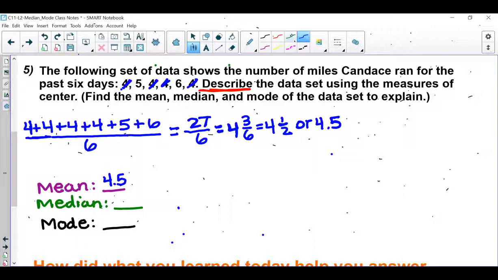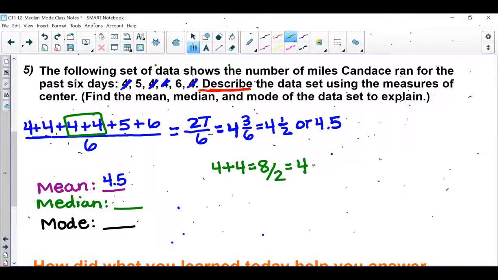So let's look at my median. We're going out. We have 4 and 6, hopping in, 5 to 4. Because it's the same number, guys, that is your median. But you can check yourself by saying 4 plus 4 is 8, divided by 2 is 4.